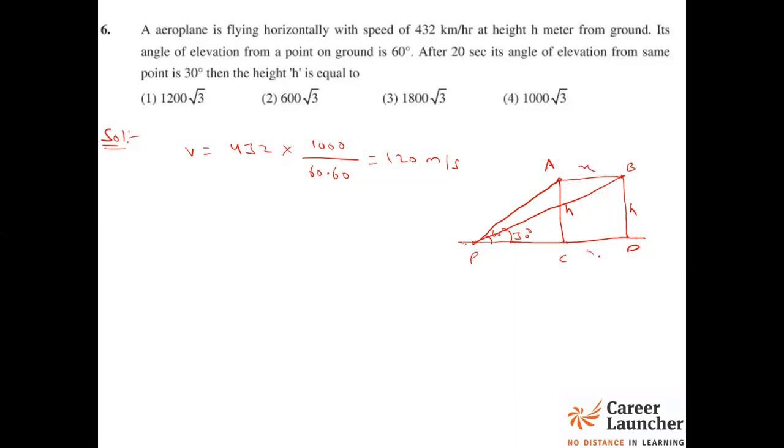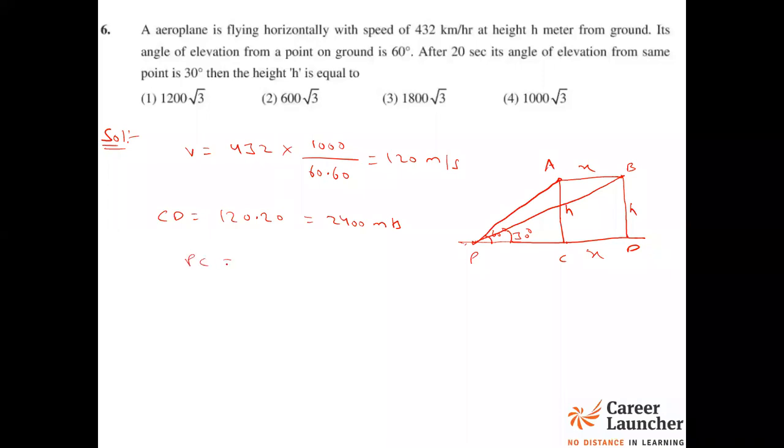Now CD will also be the same as x. Distance will be speed times time. So speed is 120 meter per second times time is 20 seconds. Seconds will get cancelled, so the distance CD will become 2400 meters.